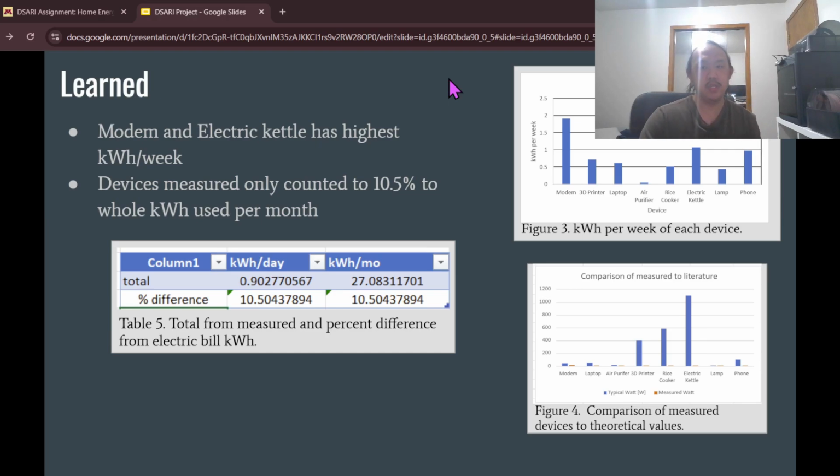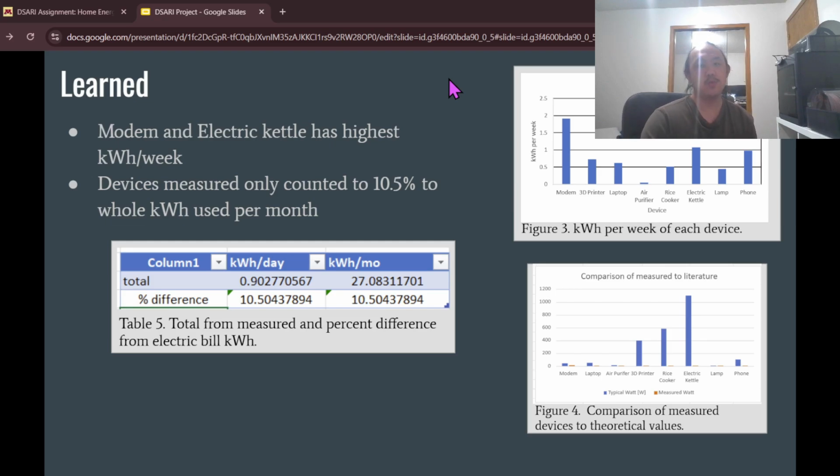And for the data that I've collected for the kilowatt hour per week, as seen in Figure 3, I found that the modem used most of the kilowatt hours. I was not surprised about the modem, since it's on 24 hours. What really surprised me though was the electric kettle. Despite the kettle being used once a day, it still consumed the most per week.